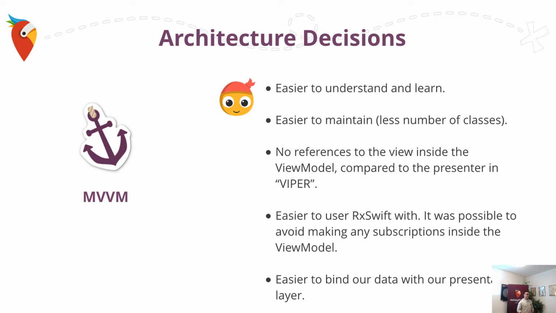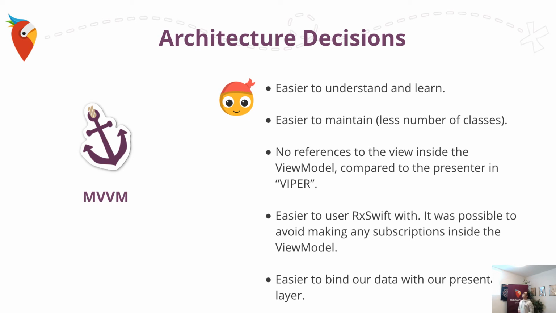MVVM for us was easier to learn. The learning curve was not as big as Viper, because in Viper we have so many protocols, so many screens, so many jobs that even we were confused, especially when it comes to the interactor and the presenter. Also, because we now have fewer classes, it was easier to maintain.